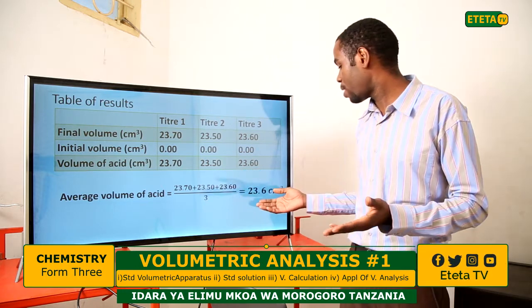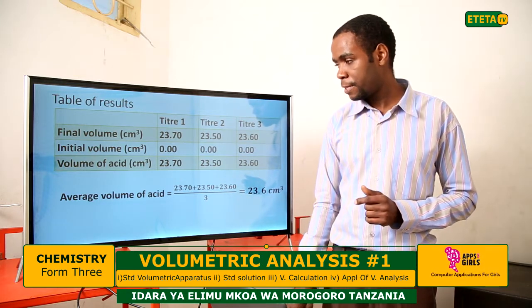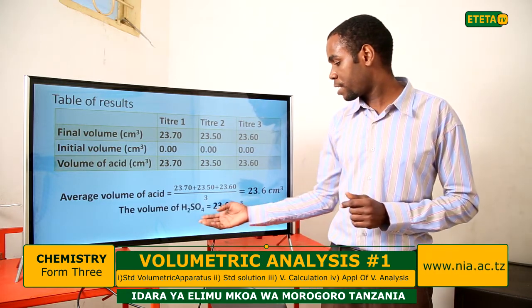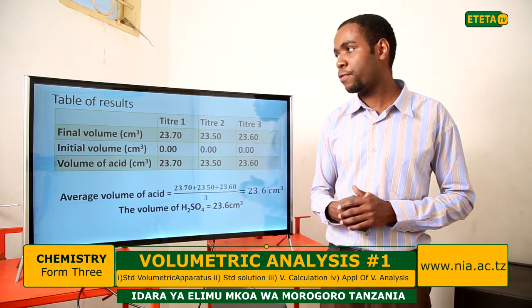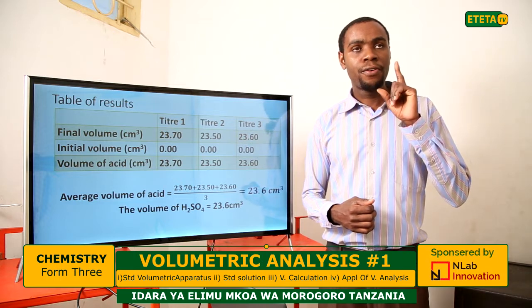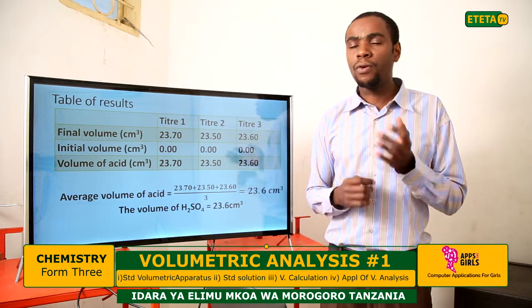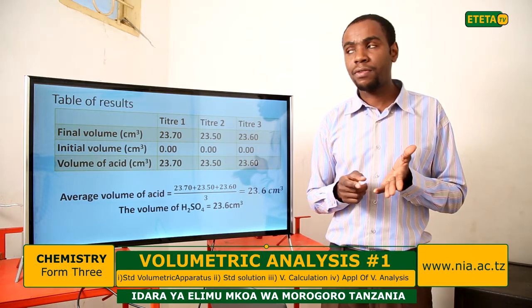Now the average volume of sulfuric acid here is 23.6. Point to remember, the volume of standard base of sodium carbonate was 25 centimeter cube.